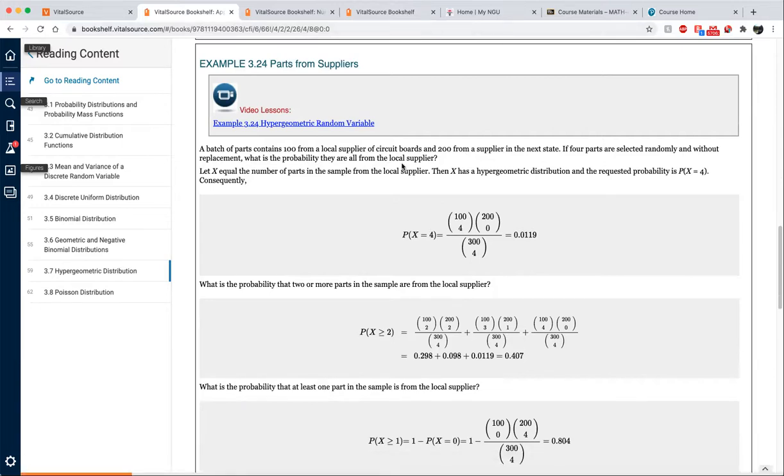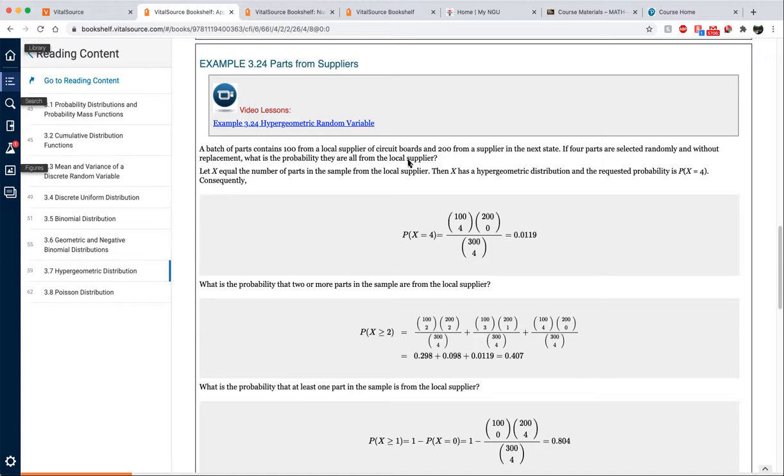Okay, so I told you, once you get a problem, you need to figure out which distribution you have to apply. Is this problem about the hypergeometric distribution, geometric, negative binomial, or uniform? Or before doing that, you definitely need to figure out whether this problem is about a discrete or continuous random variable. We'll see continuous random variables in the next chapter.